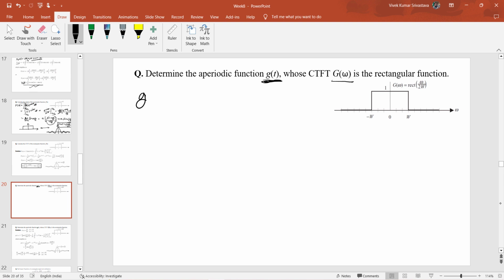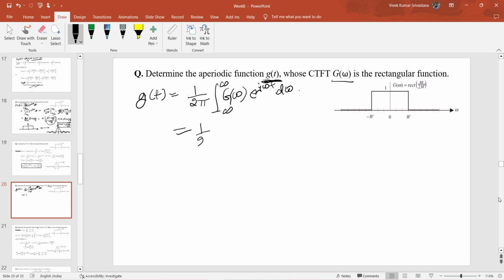To evaluate the inverse Fourier transform g of t, we will use this relation: 1 over 2 pi integral from minus infinity to infinity of g of omega e raised to the power j omega t d omega. Now let us try to evaluate the inverse of this g of omega.